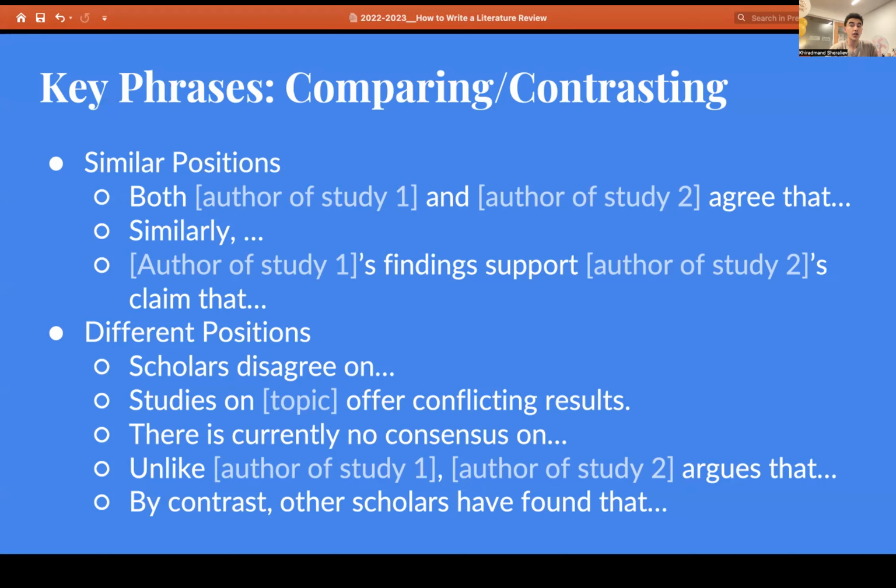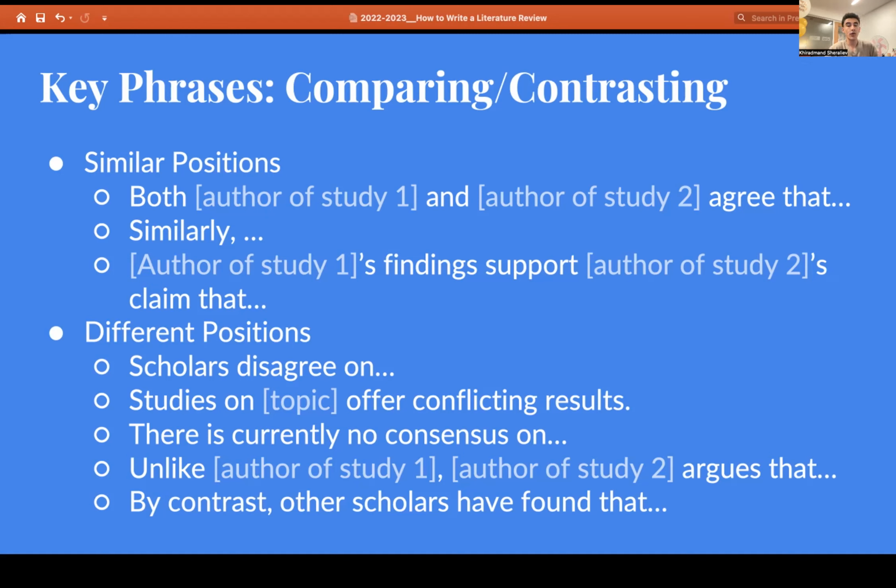Or when it comes to contrasting, right, so we have different positions, then you can use scholars disagree on something, or studies on a particular topic offer conflicting results. There is currently no consensus on something.